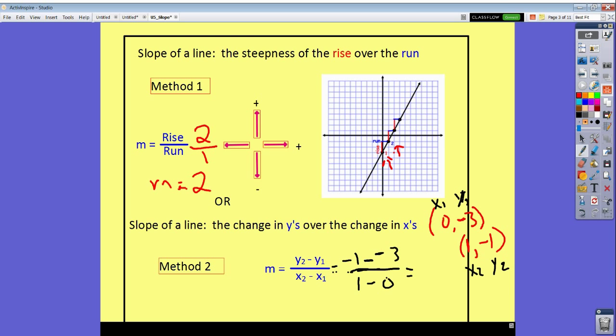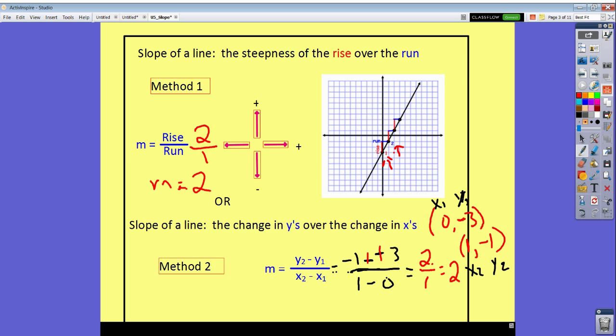And so we're just going to do some quick little integer operations. So we have 2 negatives, so it's like we're adding this together. So we have -1 plus 3, which will give us a positive 2. We have 1 minus 0, which is 1. And we just talked about how 2 over 1 is just 2.